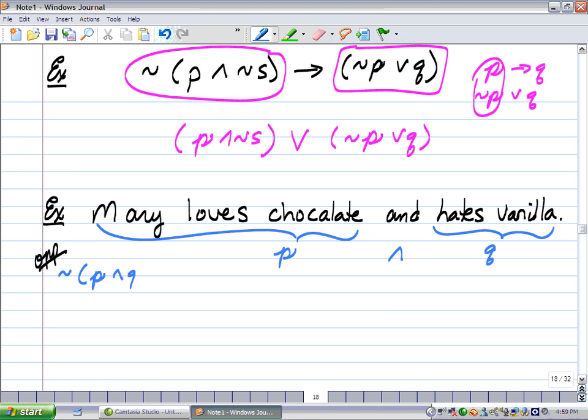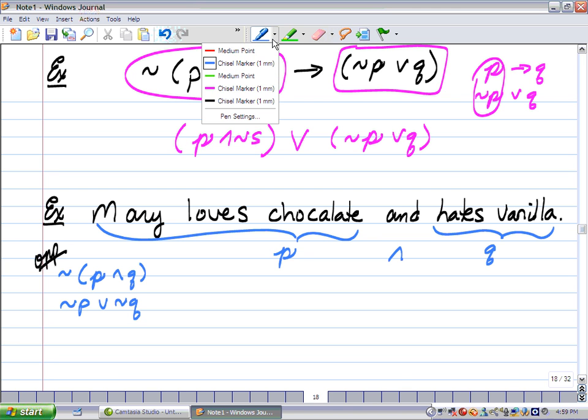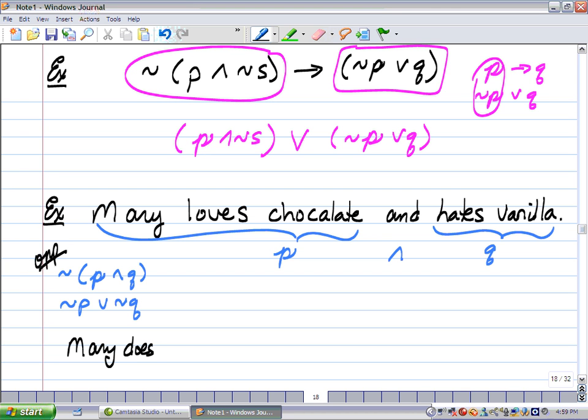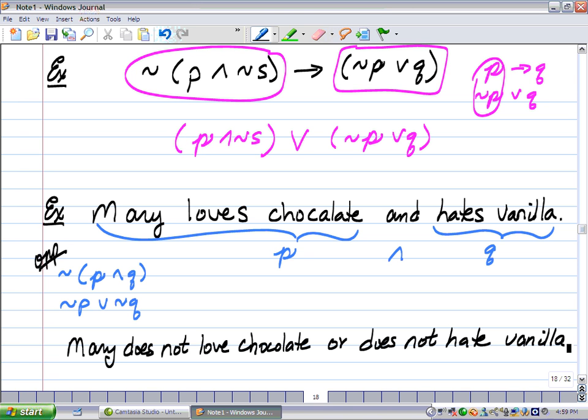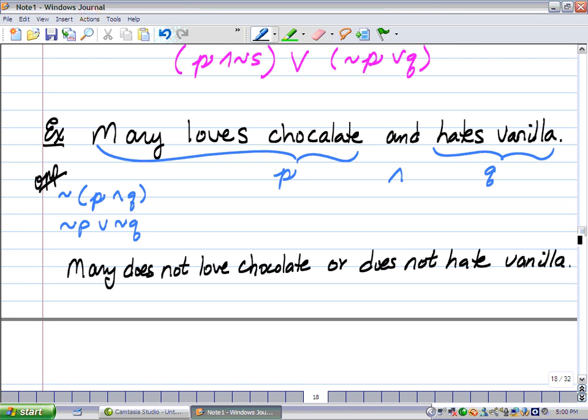The opposite of P and Q would be not P or not Q. So the opposite of this, Mary loves chocolate and hates vanilla, is Mary does not love chocolate or does not hate vanilla. You notice the opposite of love isn't hate, because just because you don't love chocolate doesn't mean you hate it, or just because you don't hate vanilla doesn't mean you love it.